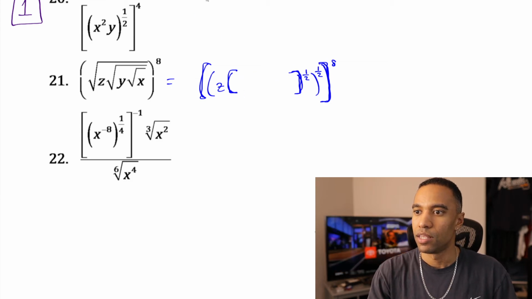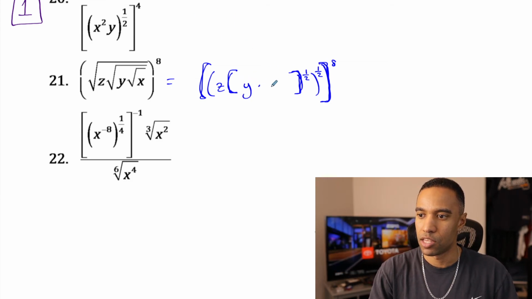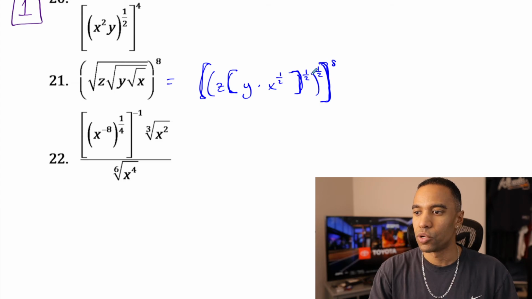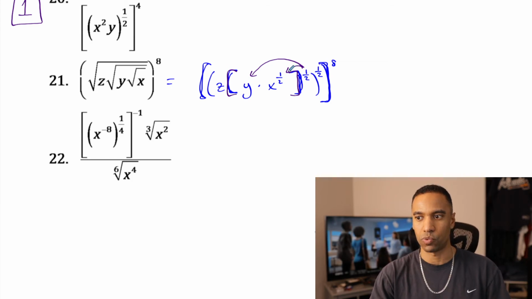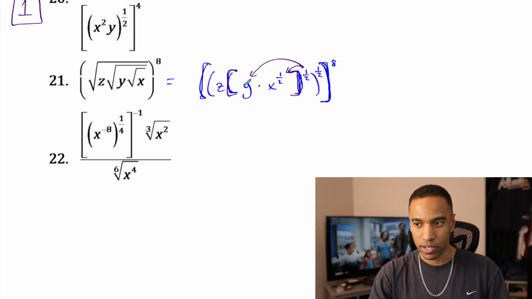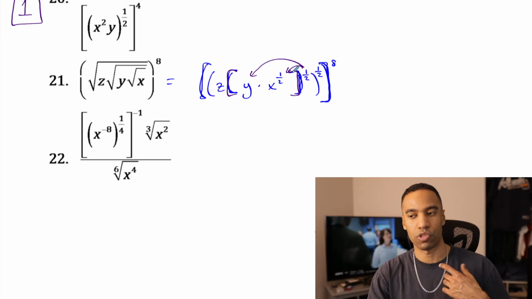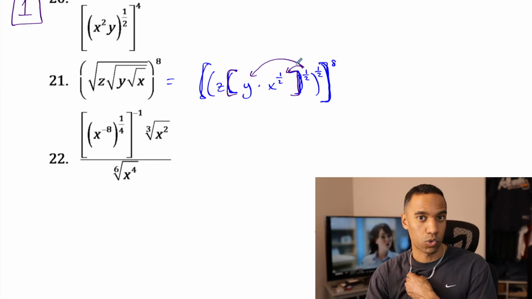Let me rewrite that. This is y times x to the 1/2. So, this 1/2 right here is for this entire quantity. So you're going to raise this y to the 1/2 power and x to the 1/2 to the 1/2 power. Both of those will get that treatment.